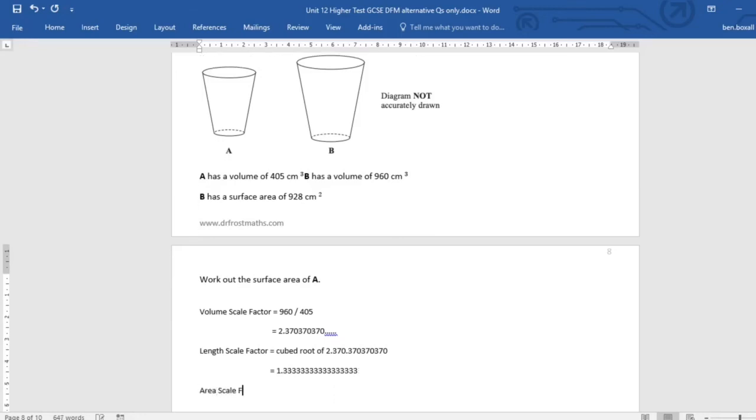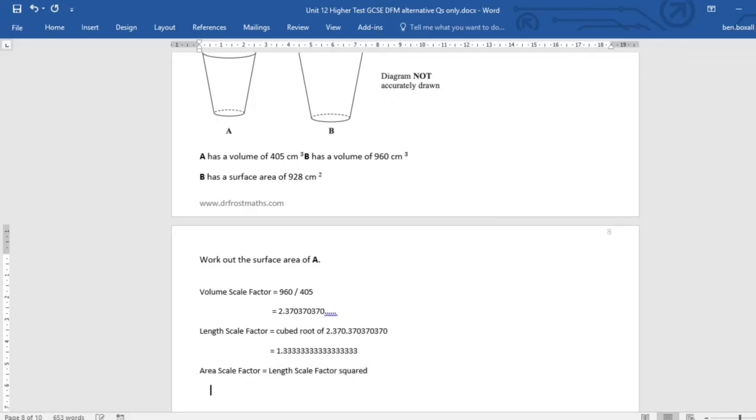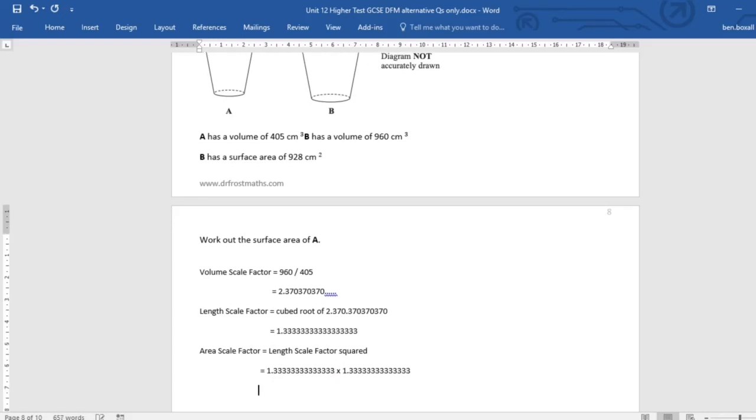Now we're trying to deal with areas, so I'm going to scale that up. The area scale factor is the length scale factor squared, isn't it? So it's 1.3 recurring times 1.3 recurring. I'm going to do answer squared on my calculator, and it gives me 1.7 recurring. I've now got an area scale factor which works with surface areas just as well as areas.